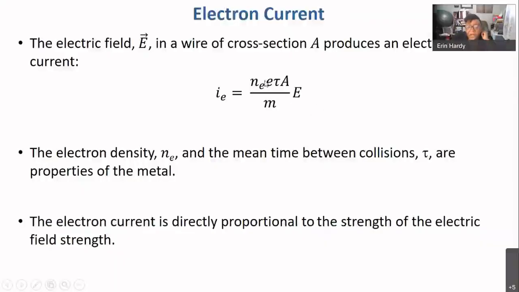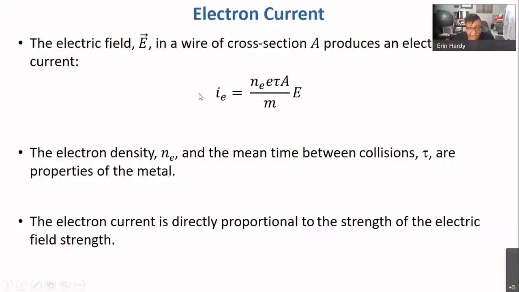Our electron density is a number of particles per cubic meter. We have our charge to mass ratio, e over m, so that's coulombs per kilogram. Tau is measured in time, and this cross-sectional area, of course, is going to be meters squared. When you multiply that by electric field units, everything except for 1 second is going to cancel out.